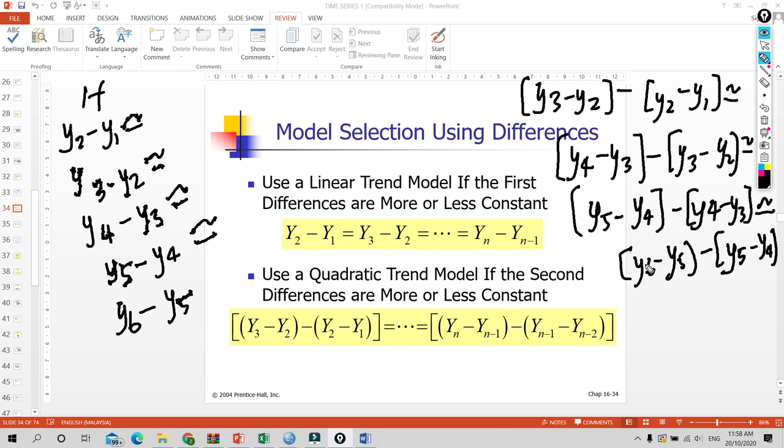If this is the case, if this is more or less constant, we use the quadratic trend. Here we use a linear trend.